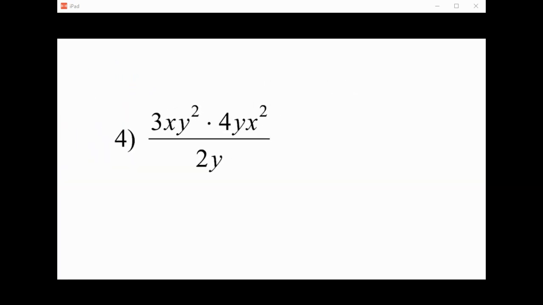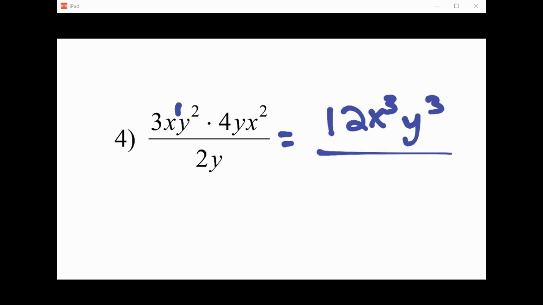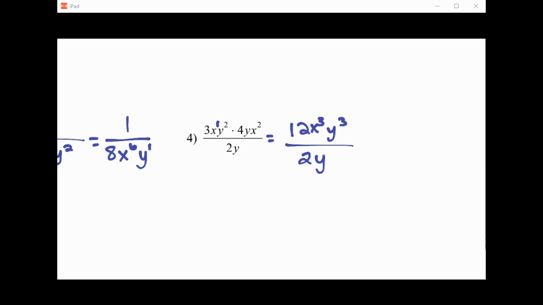So same thing here. Multiply the big numbers. 4 times 3 is 12. X. And then 1 plus 2 will be 3. And then 2 plus 1 will be 3. So now that I've got it all on the same level, I will divide.